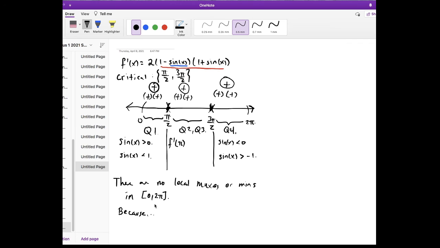Okay, so this was our third statement. There's no change in sign of the derivative.